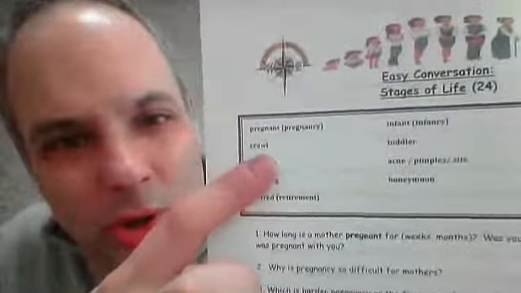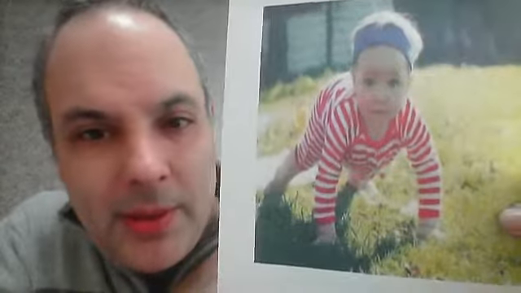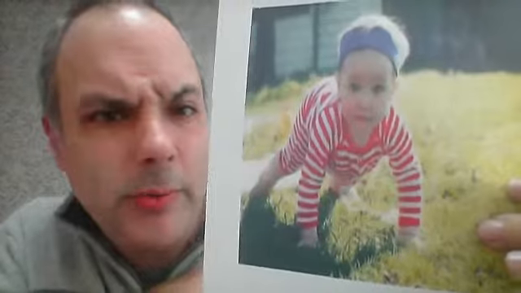Okay. The next word is going to be crawl. Okay. Make sure with the L sound. Crawl. So this baby is crawling. Okay. So it's a verb. It can also be a noun, but I think usually we say a verb.